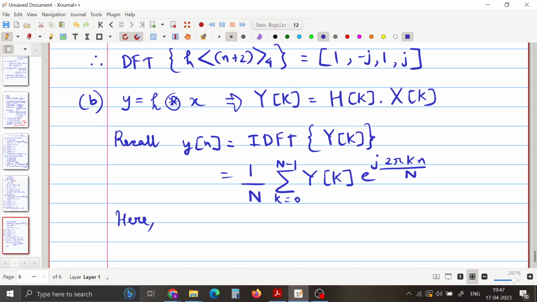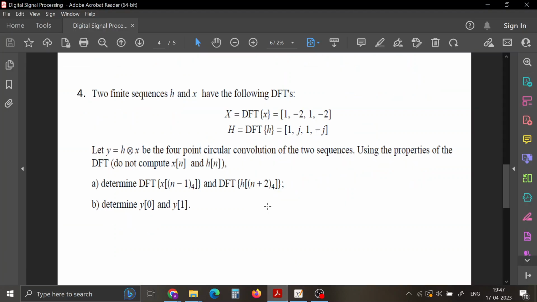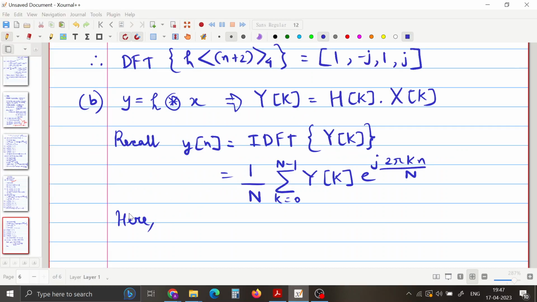And here, what's the size of the DFTs? They are four length sequences, right? See, in the question there are 4 points only. Cap N is 4, which is why this small y, which is the 4-point circular convolution of small h and small x. So cap N is 4 in our problem.